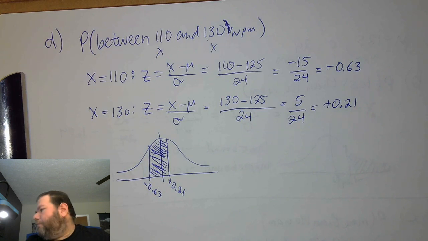Now the nice thing here is that for our lower and upper bounds, it's actually the same as these two values we just found. Our lower bound is negative 0.63 and our upper bound is positive 0.21.